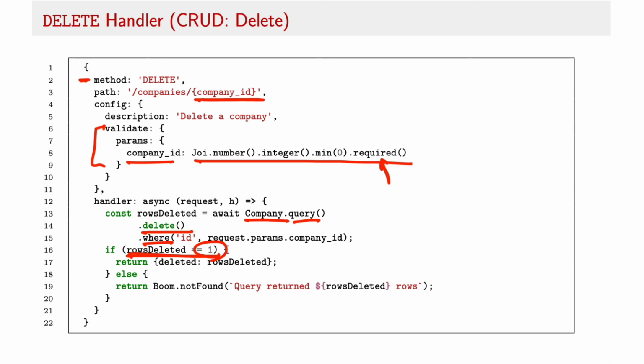I'm specifying a company ID that I want to delete, and since that company ID corresponds to the primary key in the company table, there's only one of two possibilities, in addition to a complete failure. Either that company exists and it was deleted, in which case the rows deleted is going to be 1, or it wasn't in the database, in which case it's going to be 0, which I probably want to let the client know about, to say, hey, you asked me to delete this company, but it doesn't exist.